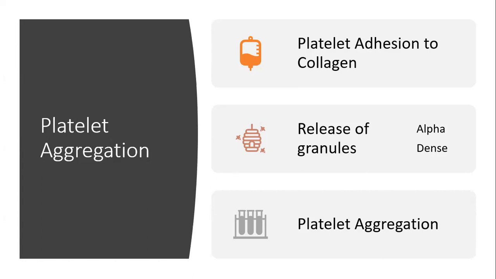An acronym that I keep in mind to remember your dense granule is SAC. Your dense granule is actually a SAC. You have S for serotonin, A for ADP, and C for calcium.